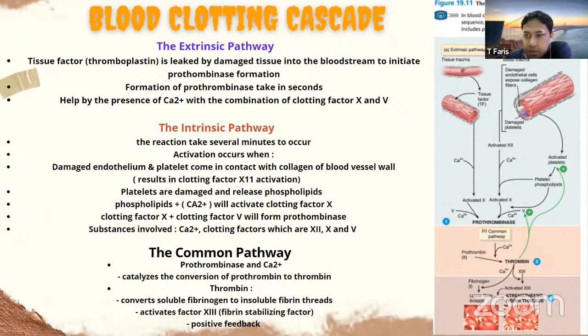All right, so they have to choose. Both are not happening at the same time. They have to choose whether A or B. In the common pathway, they share the same pathway, where they have this prothrombinase that functions to continue with the thrombin production.